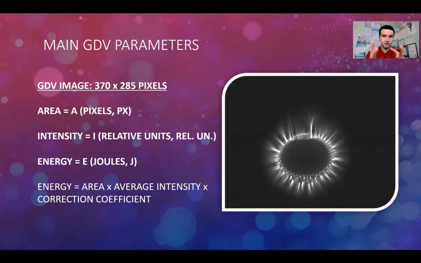And of course, if you multiply them by each other, the intensity by the area, you can get a third parameter that is widely used in Biowell software, that is called energy.